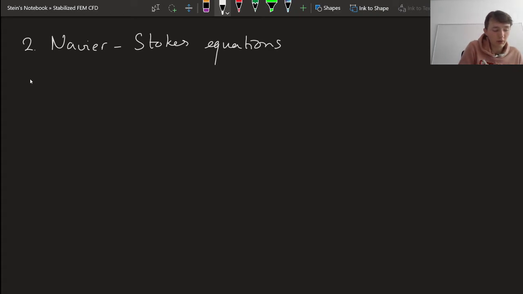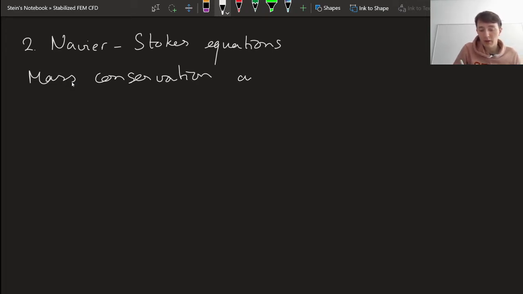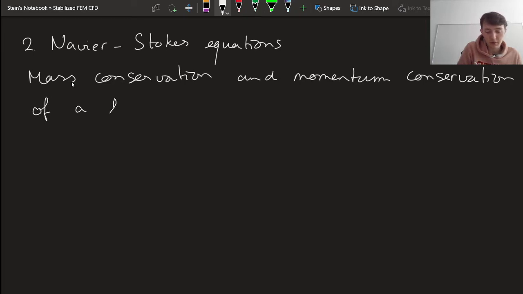Yeah, so these are mass conservation and momentum conservation of a fluid. So conservation is a balance law.